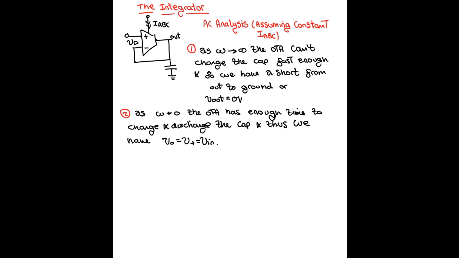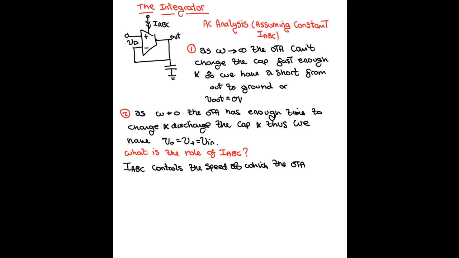So in this case, what is the role of IABC? So let's write that. So IABC controls the speed at which the OTA can charge the capacitor.